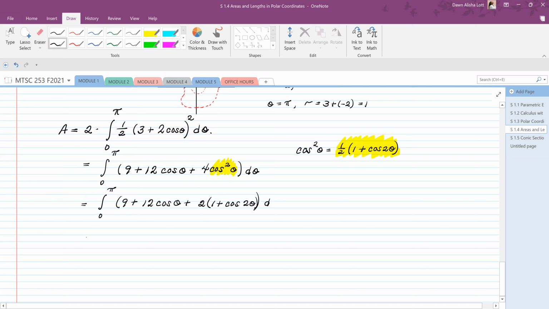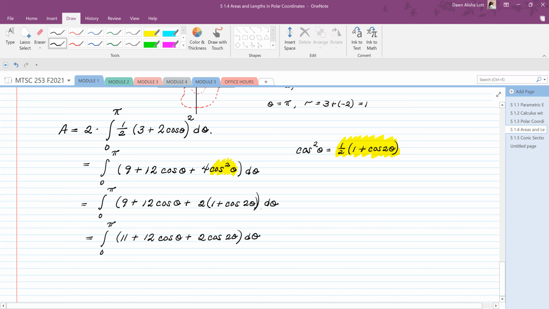d theta. So now we're going to integrate this. Let's simplify one more time. Integral between 0 and pi: I'm going to take the 9 and 2 and give me 11 plus 12 cosine theta plus 2 cosine 2 theta, d theta.